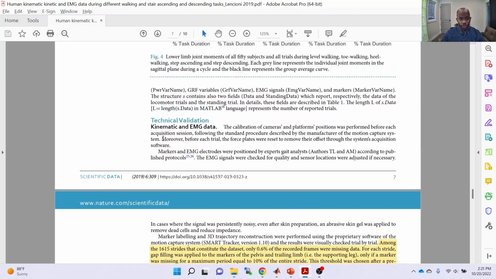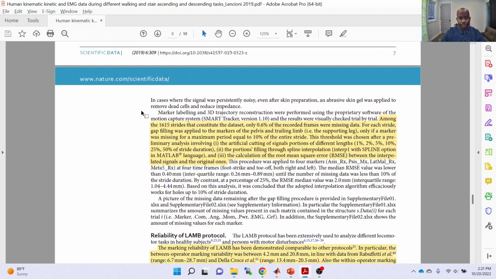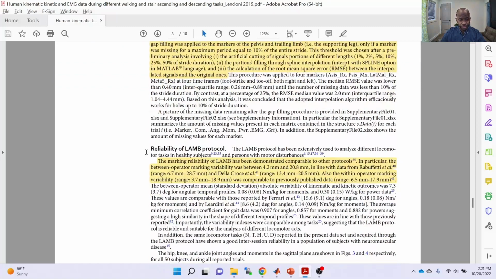Yeah, so in technical validation, this is where they now talk about how they try to maintain high quality of their data. This refers to things like how the cameras and force platforms were calibrated, the strategy used to label the markers, information about the quality of the marker trajectory, so how many frames were lost, and so on.